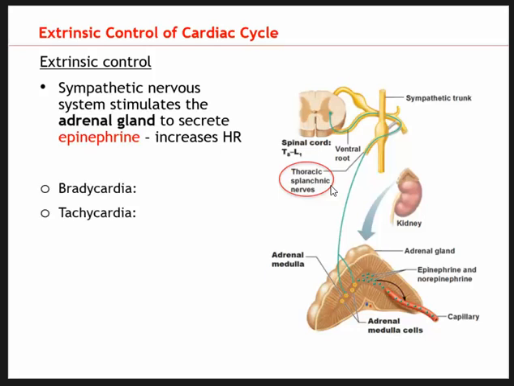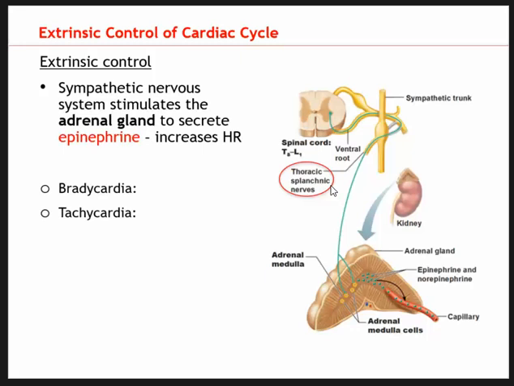But what we want to understand is how the adrenal gland releasing epinephrine influences our heart rate. We see up here a word called bradycardia versus tachycardia. I always ask everybody, what is the difference between these two? Bradycardia is a heart rate less than 60 beats per minute, and tachycardia is greater than 100 beats per minute.